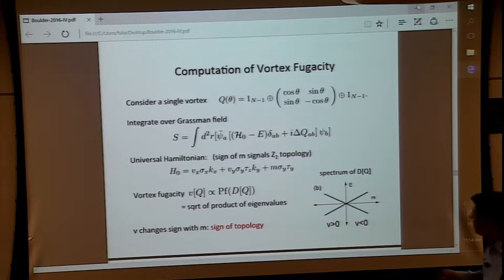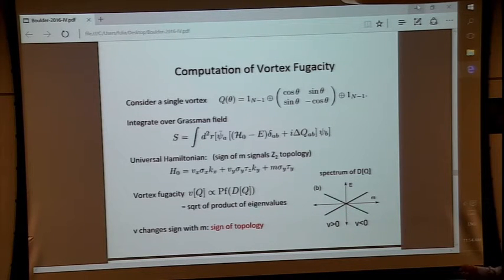But when you form a vortex configuration and look at how the entire eigenvalue spectrum evolves as a function of the Dirac mass, there is guaranteed to be a level crossing. We explicitly show this, and this level crossing tells us that the Pfaffian changes sign across this transition.